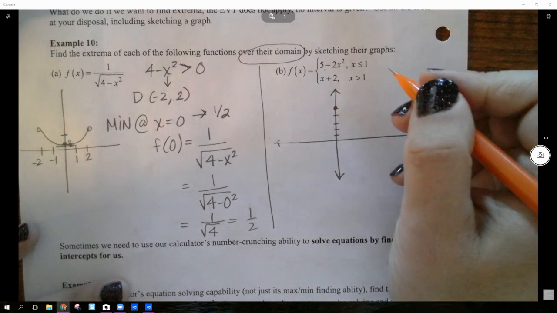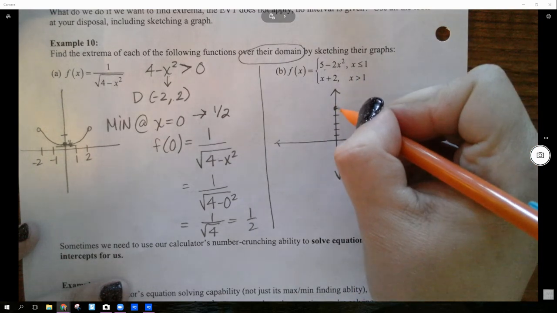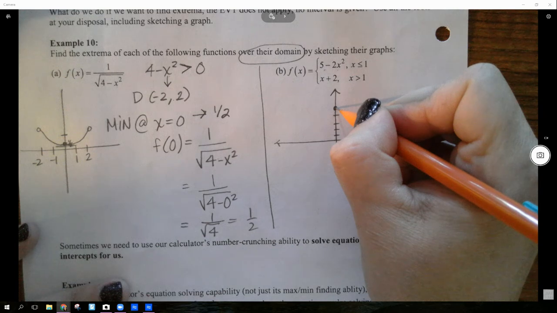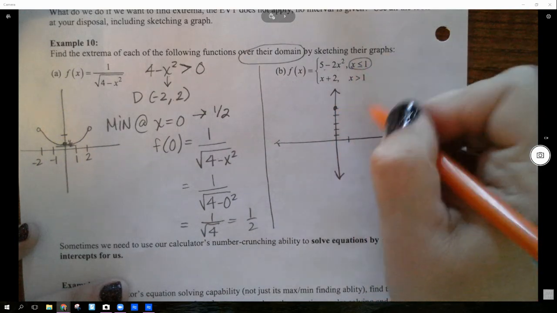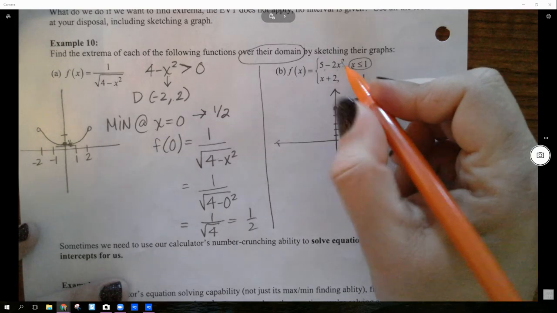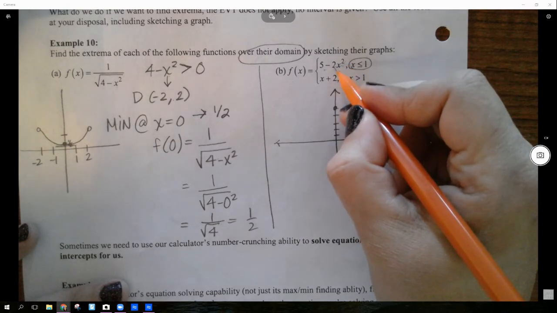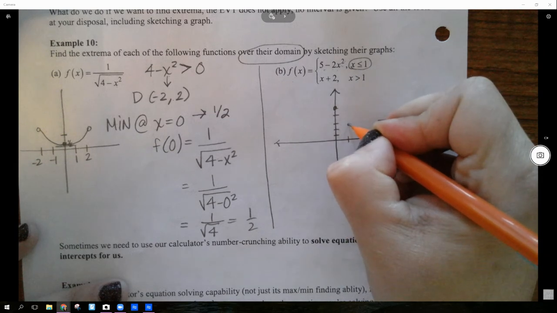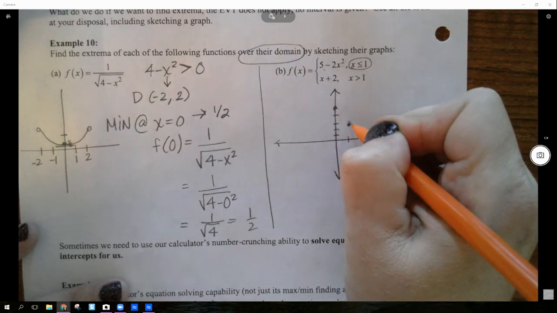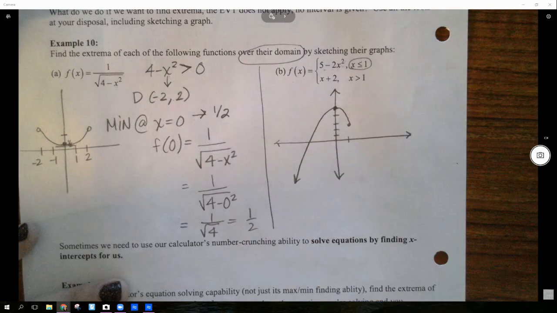Oh, we want to go all the way to 1. So right here at 1, put a 1 in. So this would be 1 squared times 2. So up 5 minus 2 is 3. 1, 2, 3. So right like this. So our parabola is going to do that.